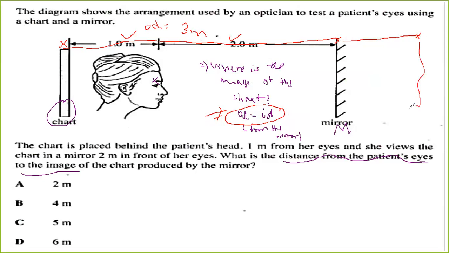This is my image, and it's 3 meters behind. Does everybody see that? Remember, the chart is the object, not the woman's head.